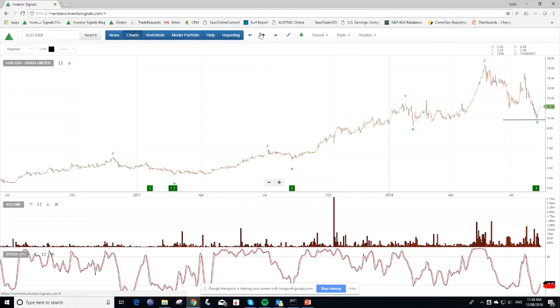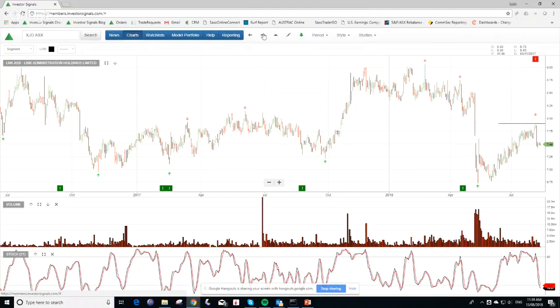Hub24, now this is something I commented on in prior weeks where we saw BT come out with a discounted pricing model for their asset management or platform service, and that caused the likes of Hub24, Netwealth, IOOF to sell off, and we've started to see the algorithm buy signals come in these names. I think from these oversold conditions they can bounce, but I don't expect them to recapture these old highs and probably run into resistance somewhere between $12 to $13 there on Hub24.